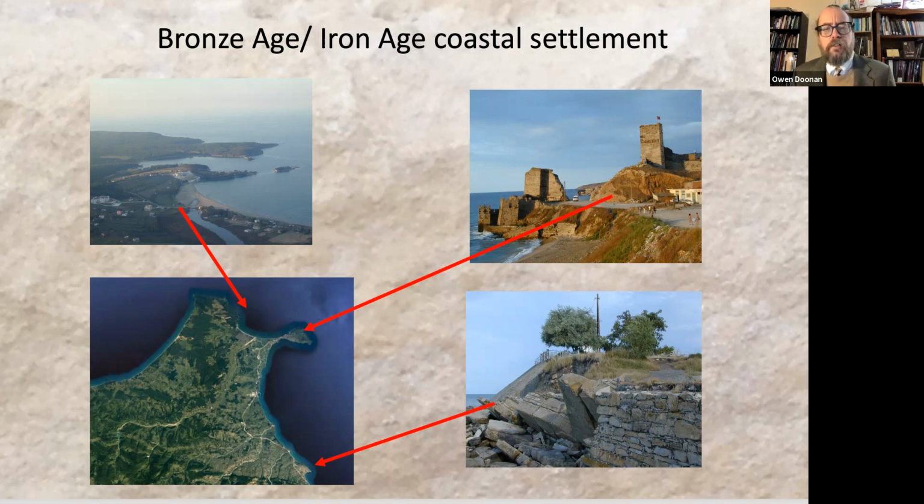So these are perfect candidates for seasonal activity, seasonal use, in a settlement pattern that was either populated by local terrestrial people who might come out seasonally to use these sites, or a kind of maritime culture.